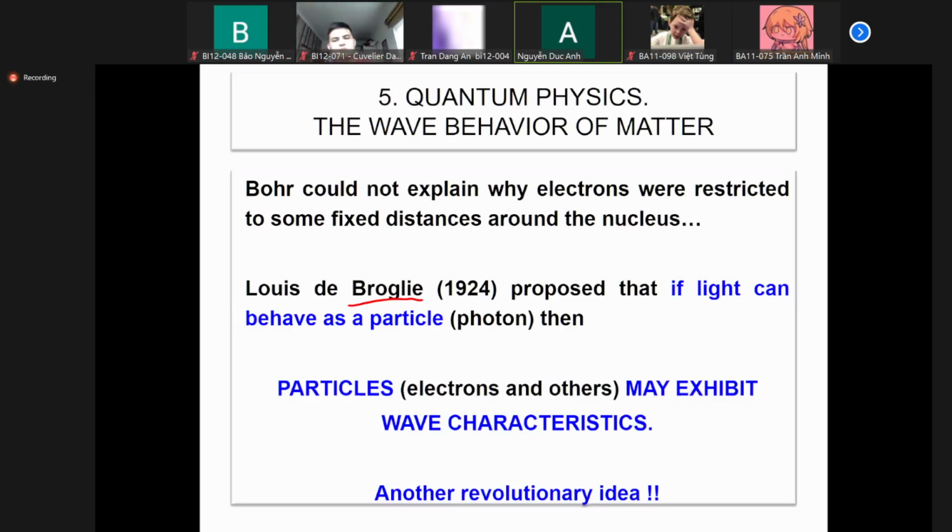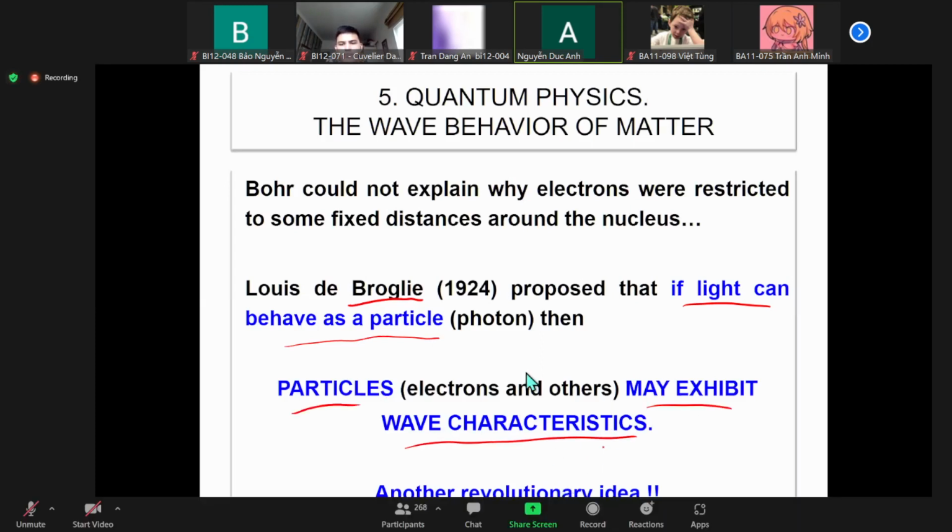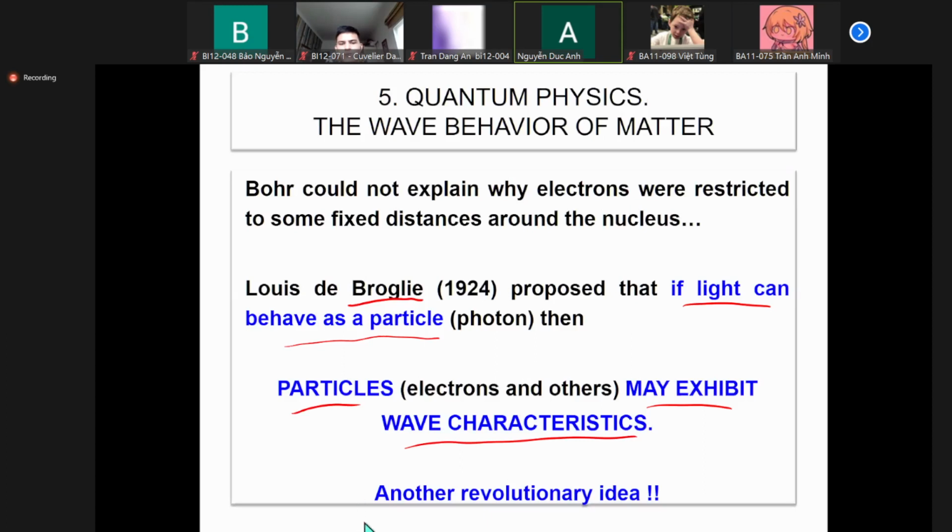And then in the reverse way, Louis de Broglie says that if light behaves as particles, photons, which comes from Einstein, then particles should exhibit wave characteristics. So if the wave shows a property of particles, then the particle should show a property of waves.